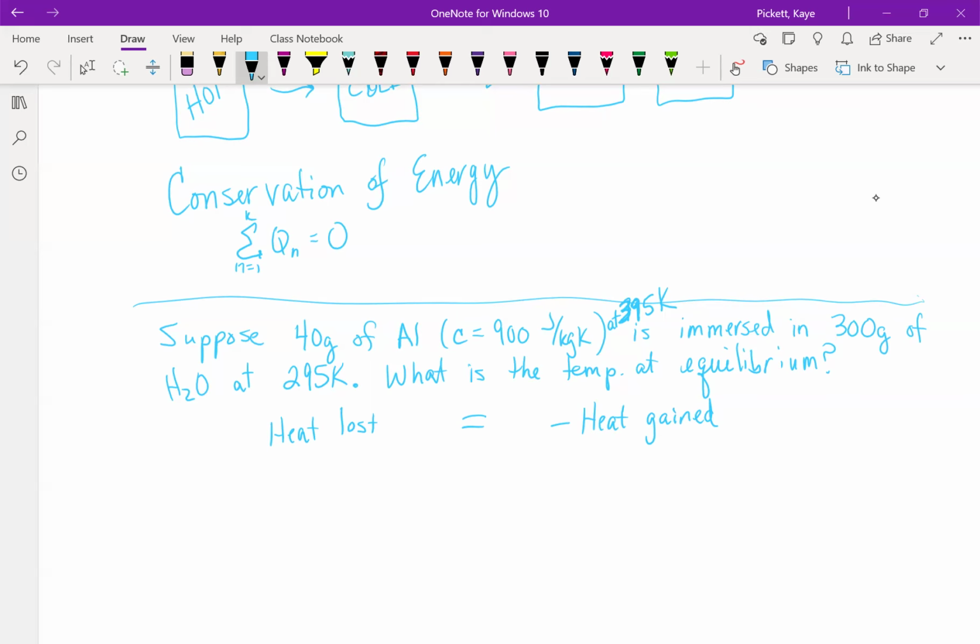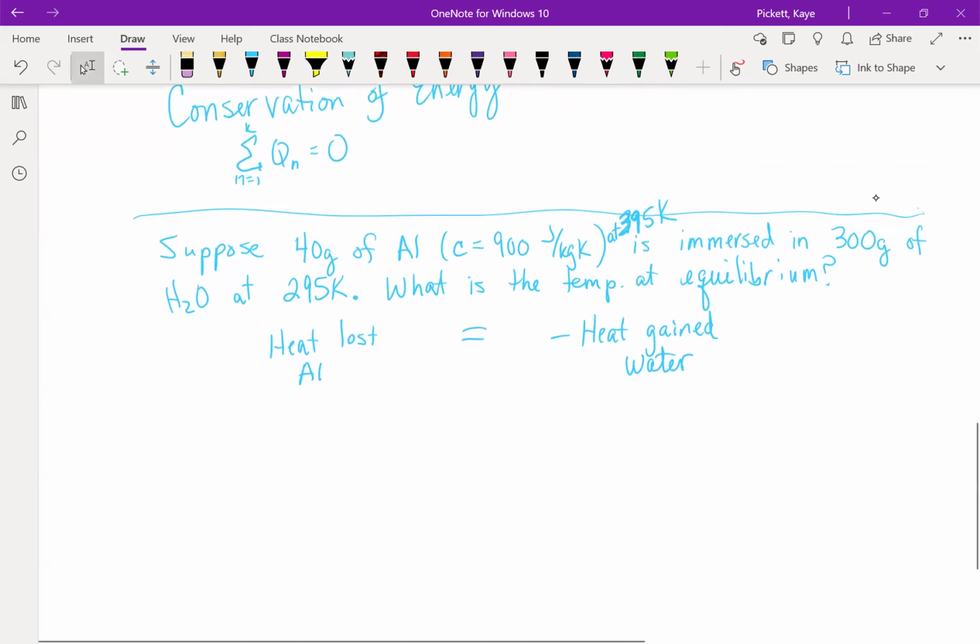I just put the negative on the other side. You can do it whichever way you want. So in this problem, the aluminum is losing the energy because it's coming in contact with something at a lower temperature. So this is going to be the aluminum and this is going to be the water. Okay, cool.